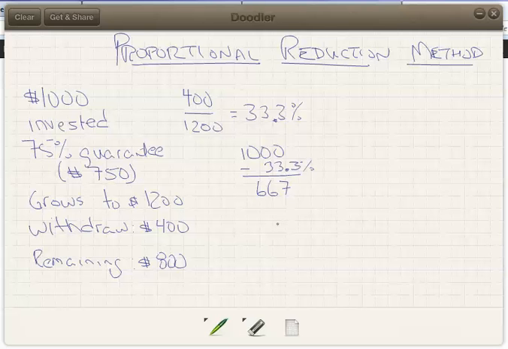So we would say, okay, we've got a 75% guarantee. A proportional reduction here, this 33% being the proportion, results in a new guarantee of $500. This is our new guarantee.